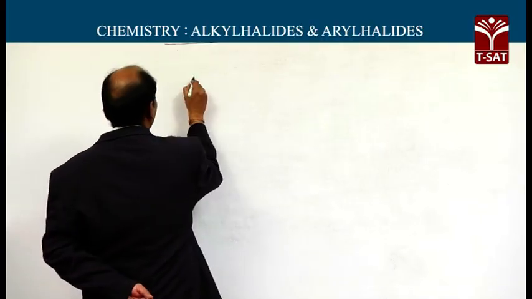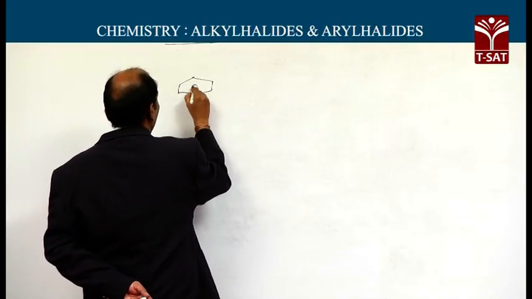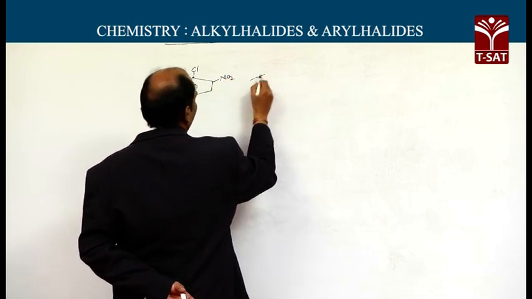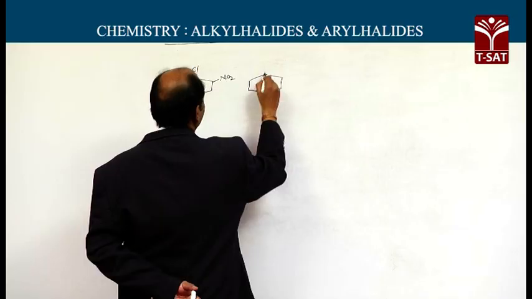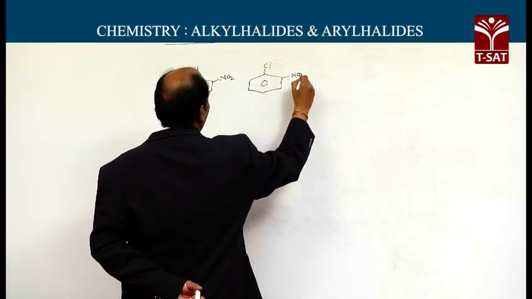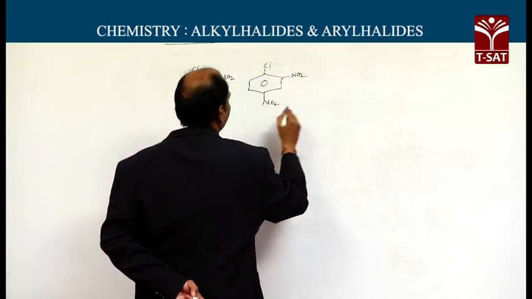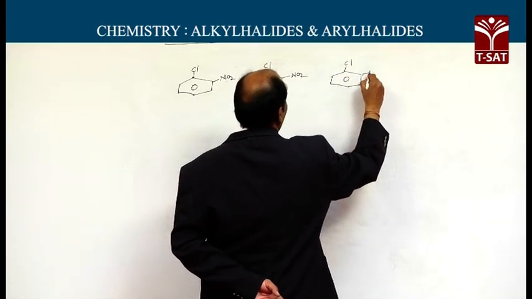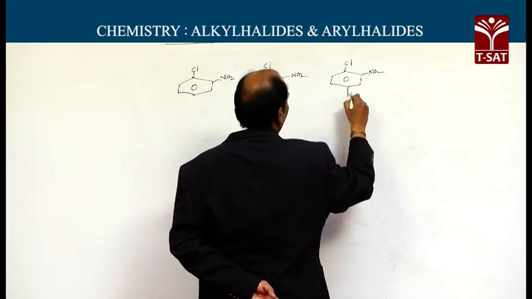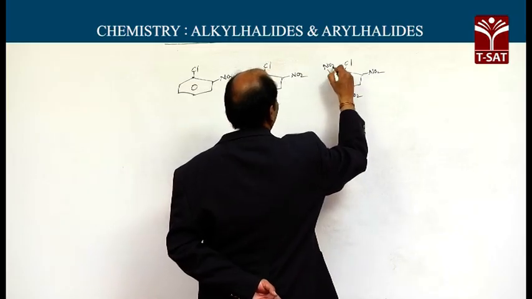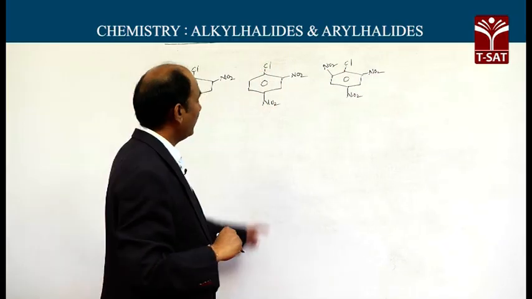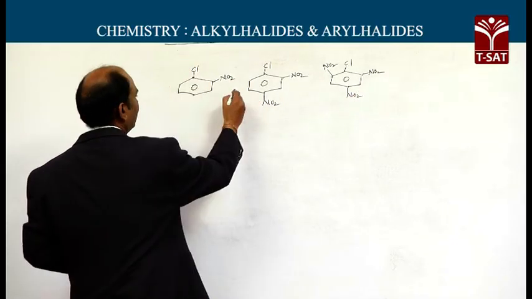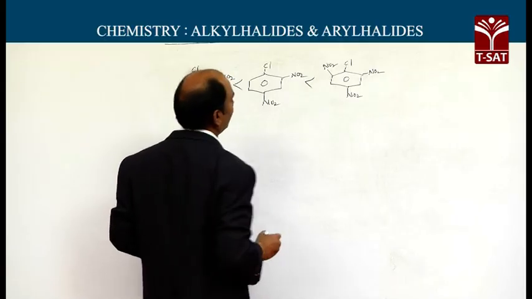For example, suppose this is ortho nitrochlorobenzene, here one electron withdrawing group, here we have two electron withdrawing groups, and here we have three electron withdrawing groups. Therefore, this is more reactive. So the first one is less reactive than the second one, which is less reactive than the third one.